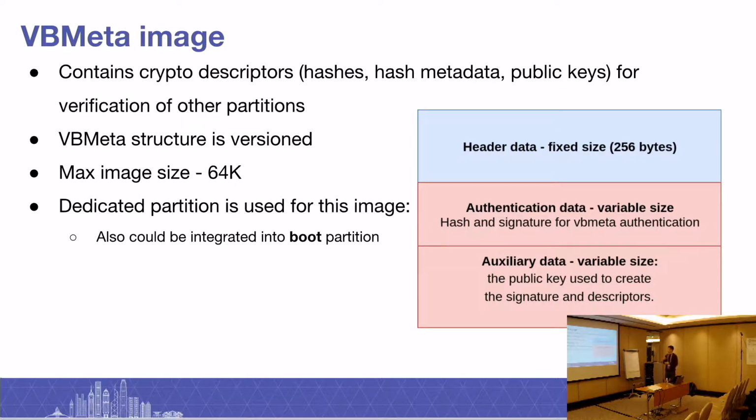It contains a fixed-size header of 256 bytes, authentication data with all crypto descriptors for verifying the VB meta partition itself, and auxiliary data with descriptors to verify other partitions.